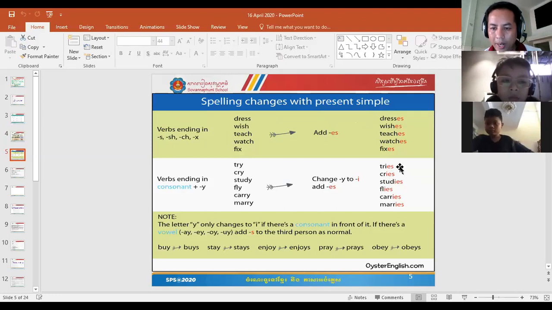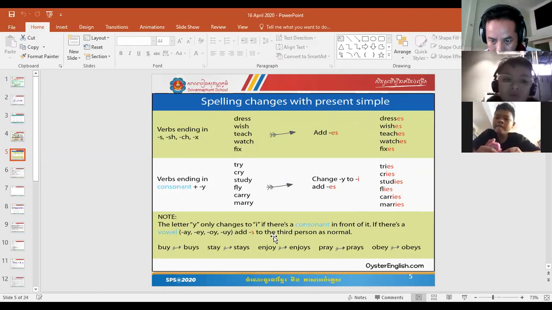For example tries, cries, studies, flies, carries, and marries. Note the letter Y only changes to I if there is a consonant in front of it. If there is a vowel like AY, EY, OY, UY, we add only S, we do not change anything.